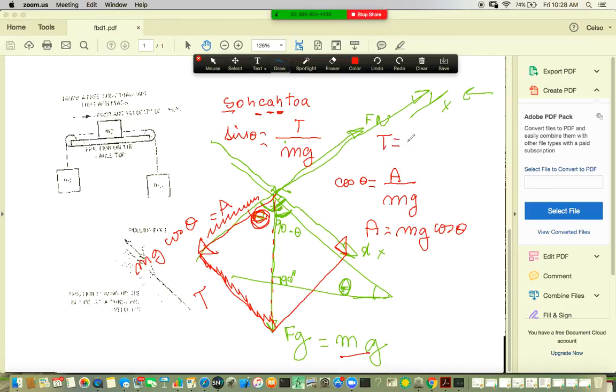So B is mg sine theta. So B appears up here. It's the same side. So this is mg sine theta. Okay. So mg sine theta is going to be in x as long as this is theta. And mg cosine theta is going to be in y as long as this is theta. Is that okay? Yes. Okay, makes perfect sense.